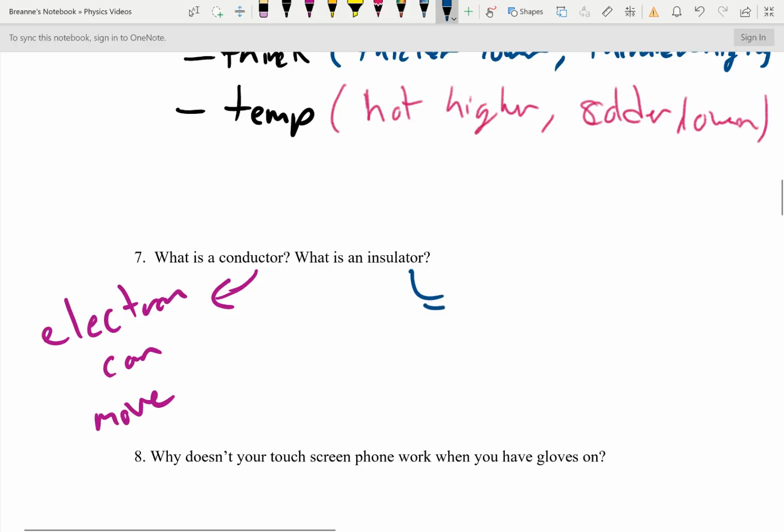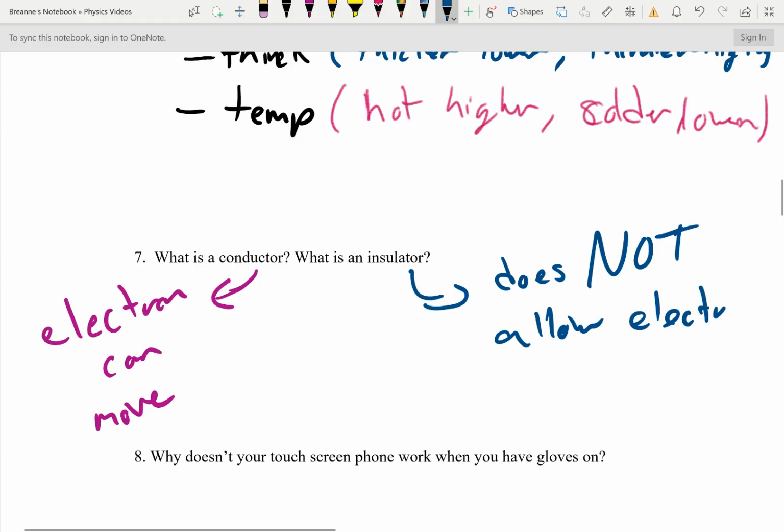An insulator does not allow electrons to move through it, so electricity doesn't work. Conductors conduct electricity. They let electricity move through because electrons can move through them.